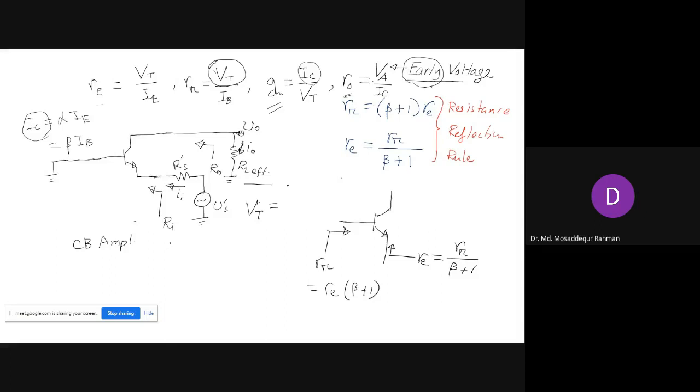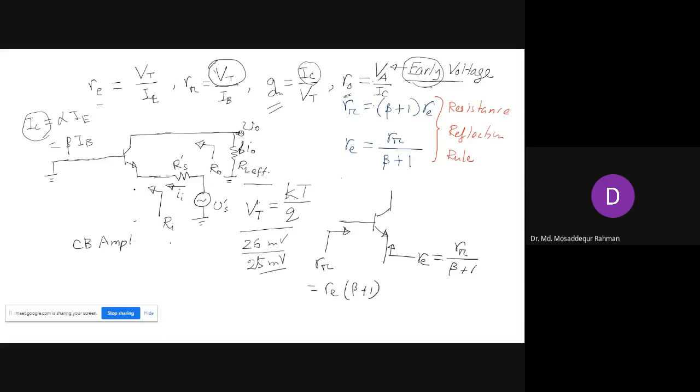It's given by kT by q. At room temperature it is about 26 millivolts, but for the sake of simplicity we take it as 25 millivolts for analysis. The exact value is close to 26. Anyway, that is our thermal voltage.